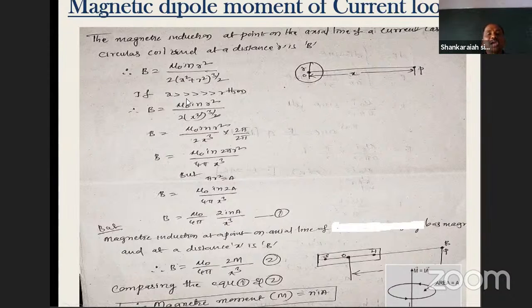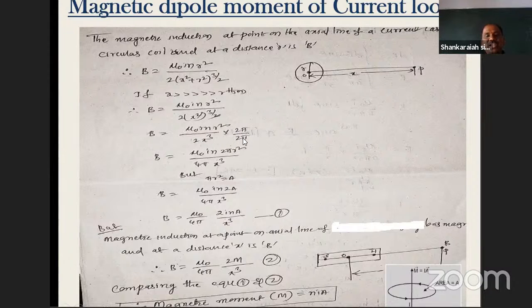Why? Because x is greater than r. The radius of the coil is very small compared to distance x, so it is negligible. Then write 2 of x square whole power 3 by 2, and 2 get cancelled, here x cube: mu naught I n r squared by 2x cube.